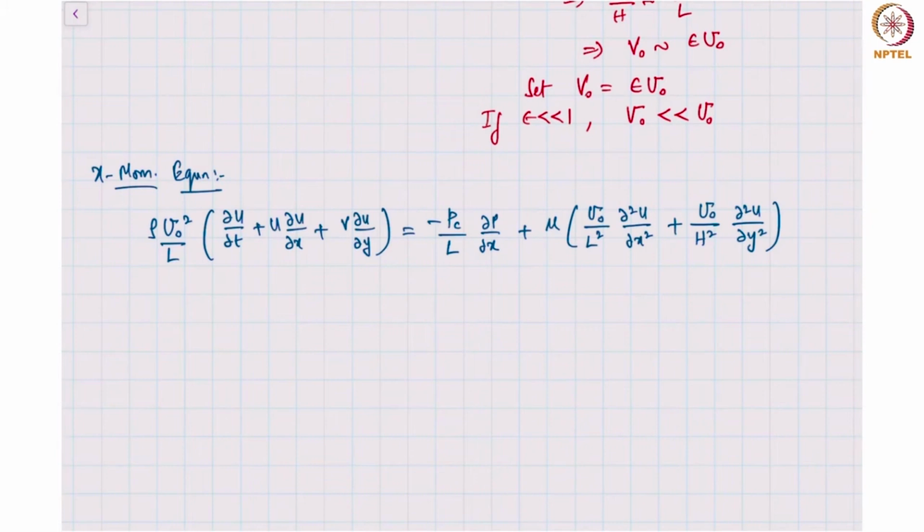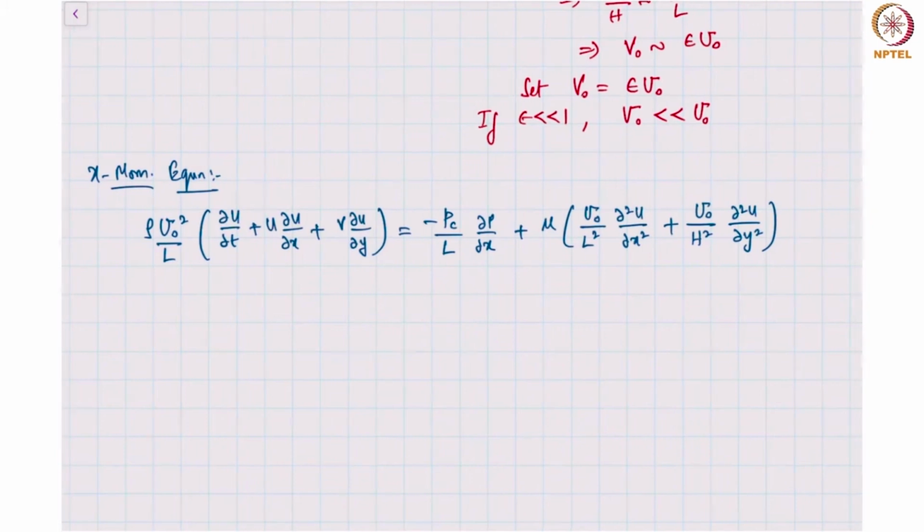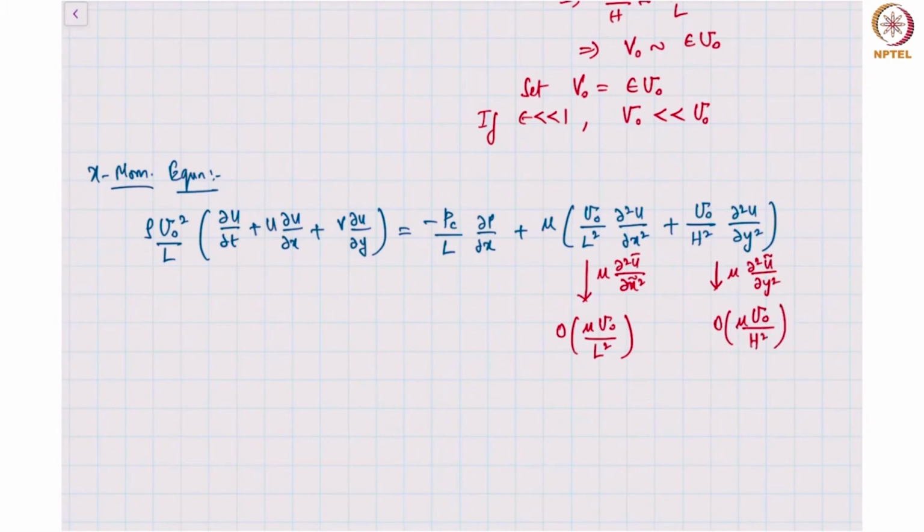Notice the size of the viscous term, mu del square u by del x square, correct? The scale of this term is mu u naught by L square. The second term corresponds to mu del square u tilde by del y square, and the scale of this term is mu u naught by h square.